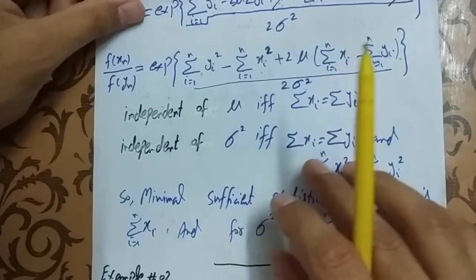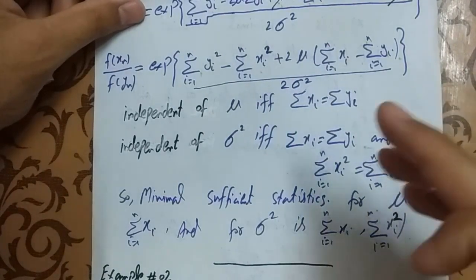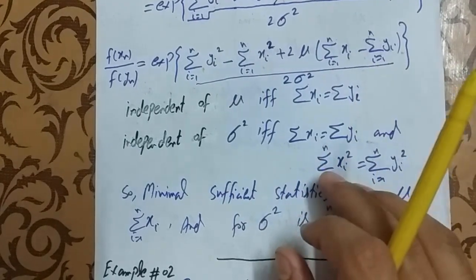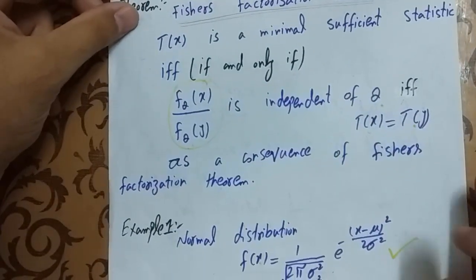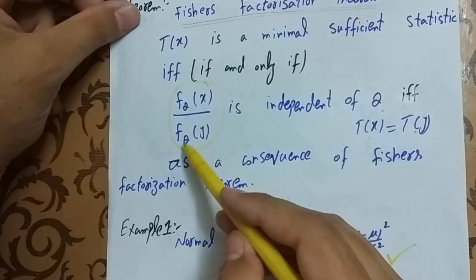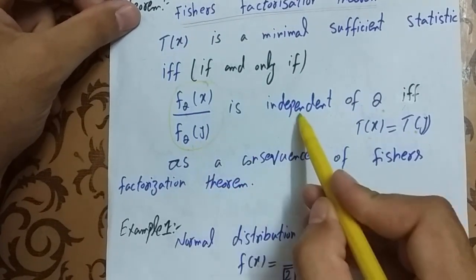Now we have to go on with our result by using the factorization criteria theorem. If we check the theorem again, in the theorem f theta of x divided by f theta of y is independent of theta.